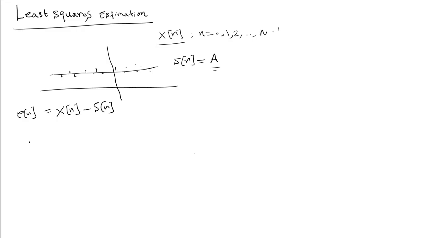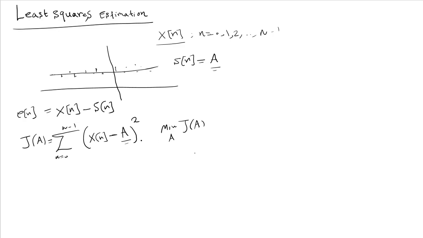And then I try to minimize the energy of errors. Try to find A to minimize my cost function. Actually, it's the sum of squares error.